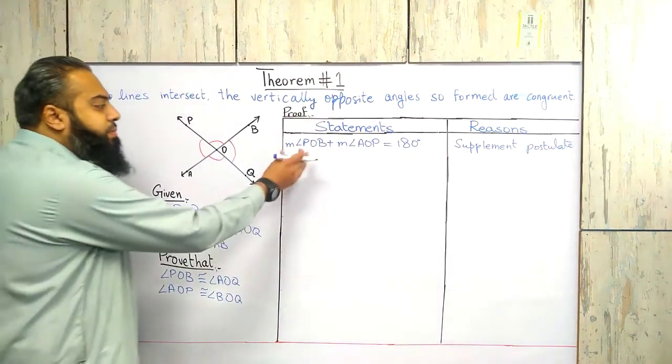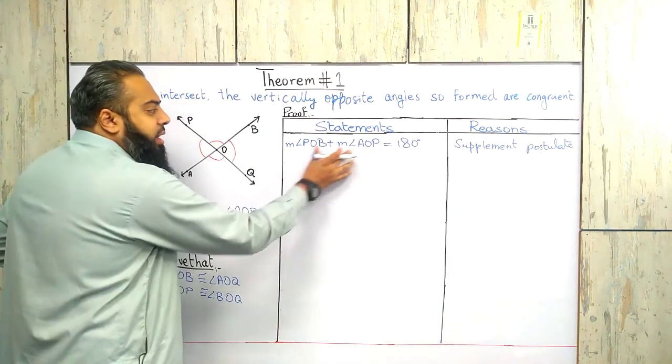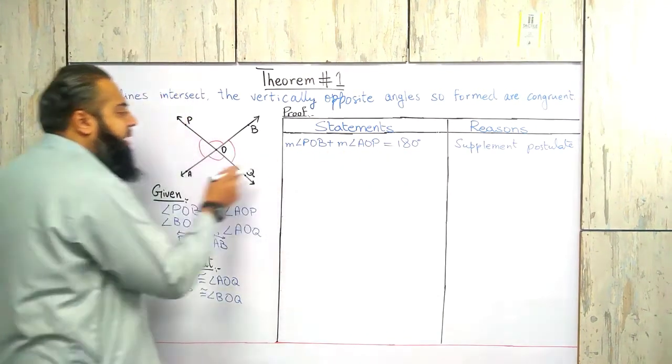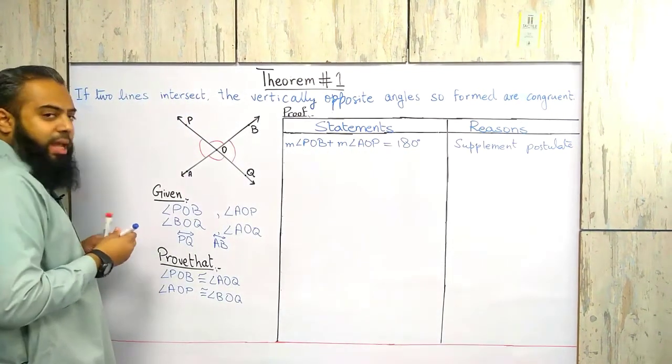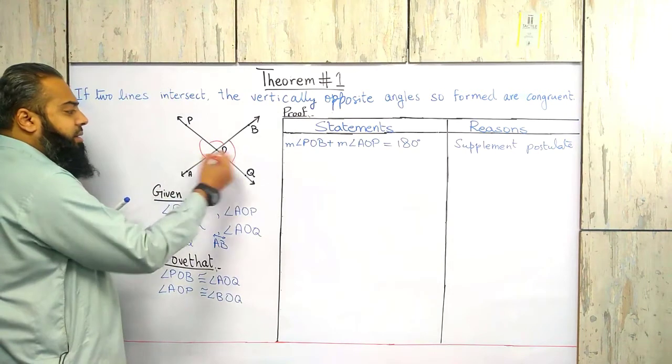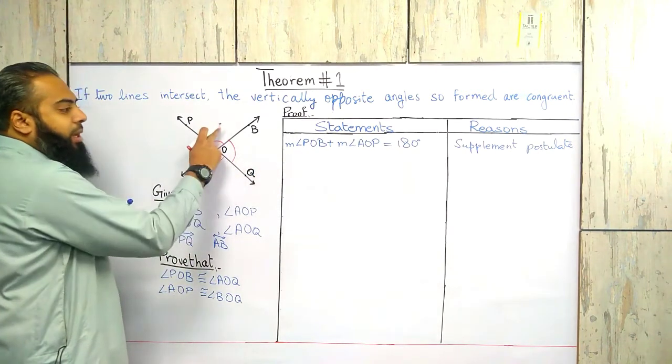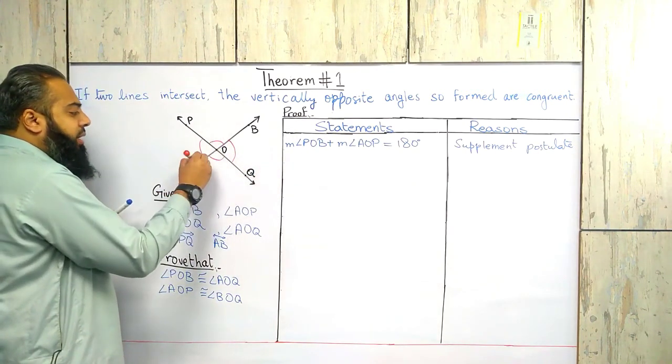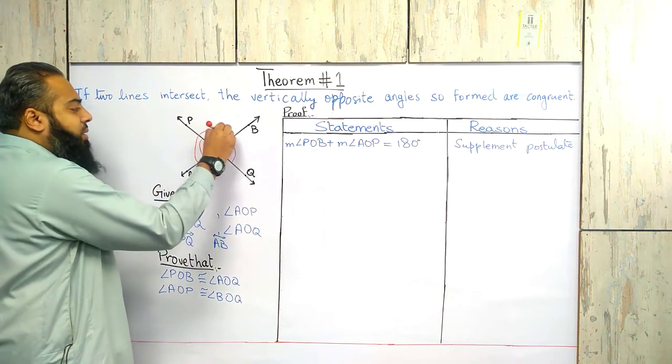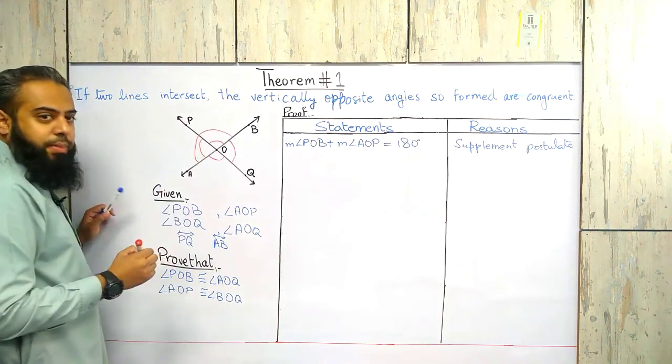Okay, because if both of the angles are combined, they make 180 degrees, and 180 degrees is the combined angle of the line. Which one? POB and AOP. It means that we are talking about this big angle.